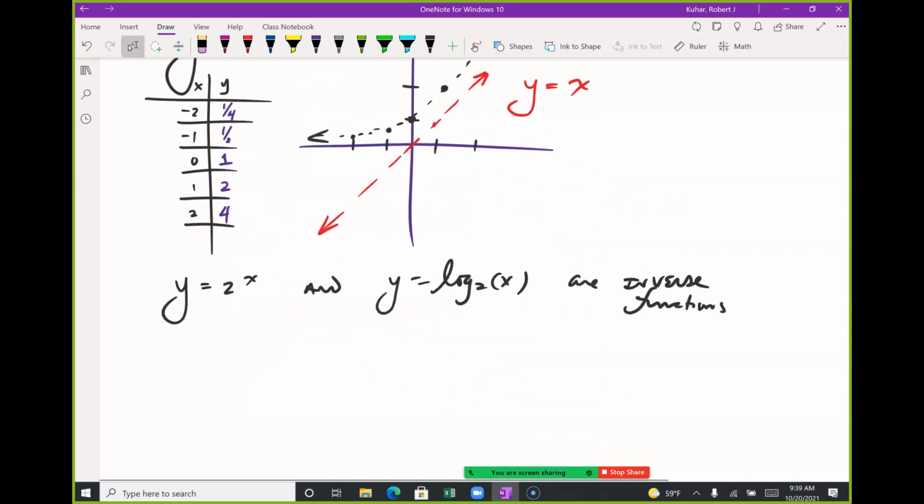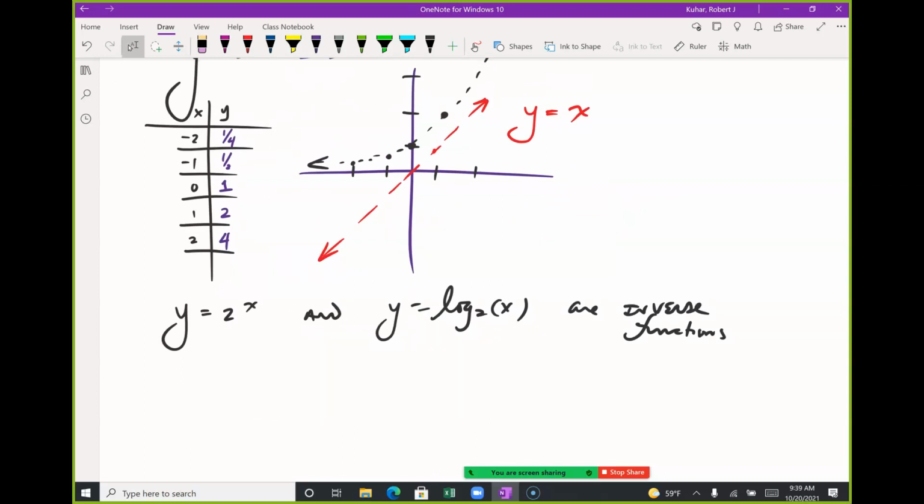And I can already see the points on my log base 2 function. Obviously the base is 2, but I already have a table ready for me. My table is all set already. My x's and y's are just going to switch, so -2, -1, 0, 1, and 2.